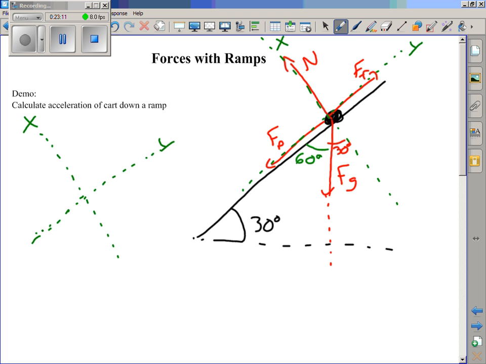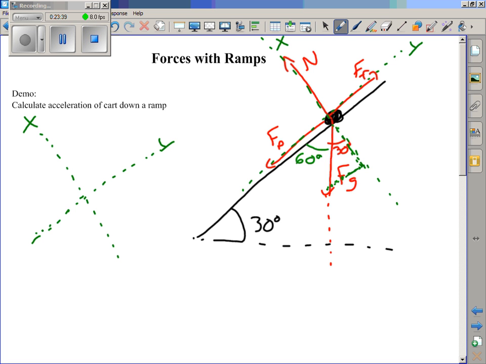Now, this sometimes is the toughest part for people. The vector is the hypotenuse of this triangle. So that means with everything tilted, here is one component and there's the other. So I have a triangle now that looks like that. Does everyone see it?